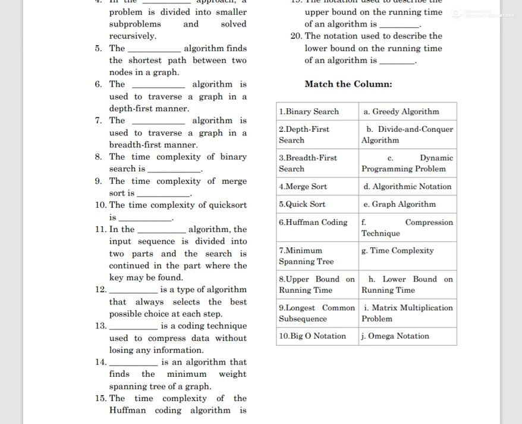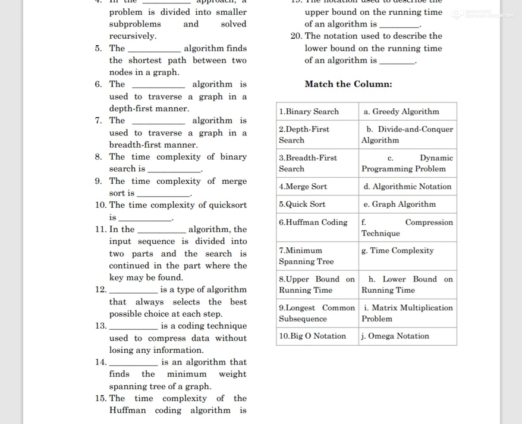So it is a compression technique, and this technique uses the greedy approach by selecting the minimum number of bytes for each code. So it can be matched with option A, greedy algorithm, and option F, compression technique.